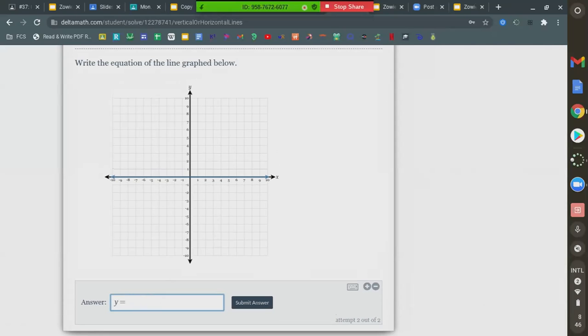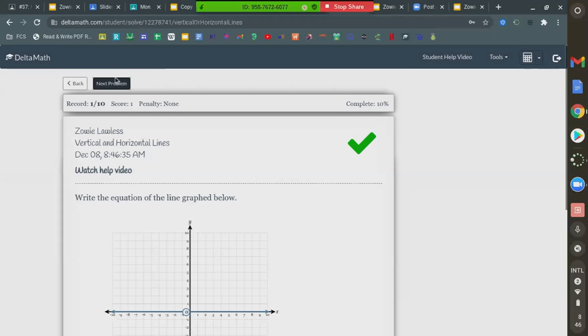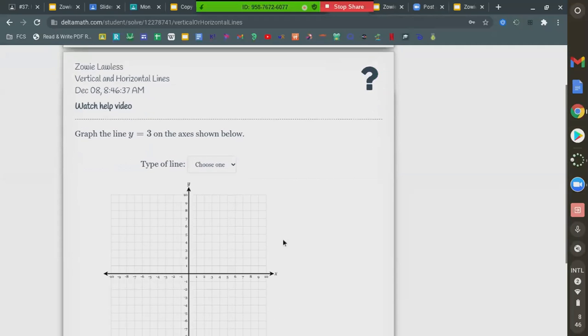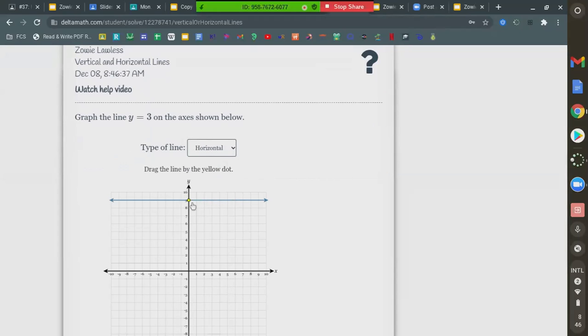At 0, so it's y equals 0. Good. Okay, so y equals 3. What kind of line is that going to be? Horizontal or vertical? Horizontal. Good. So just choose horizontal. And then you just need to drag that down to 3.